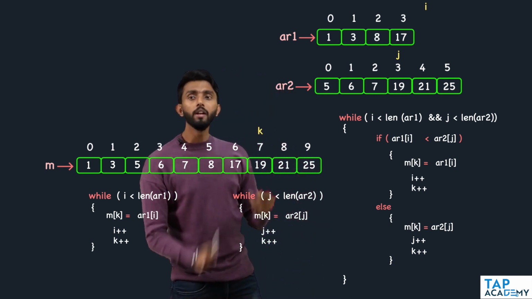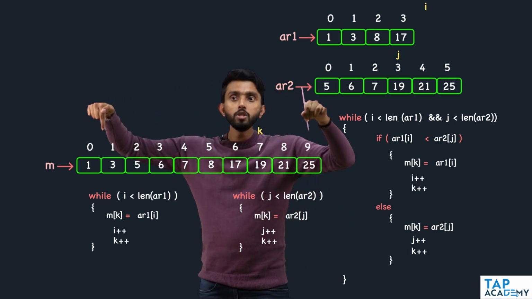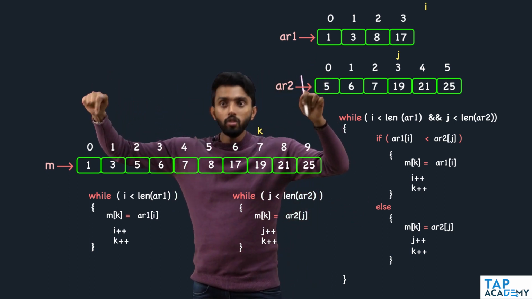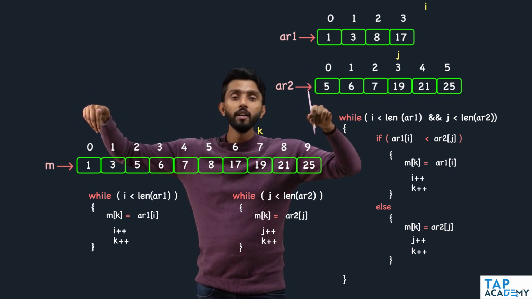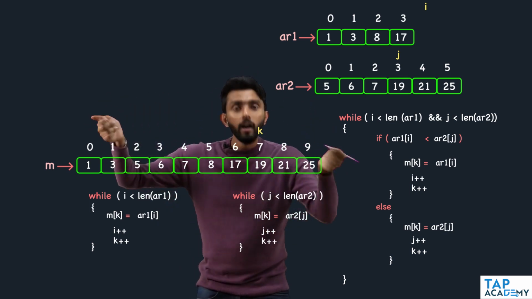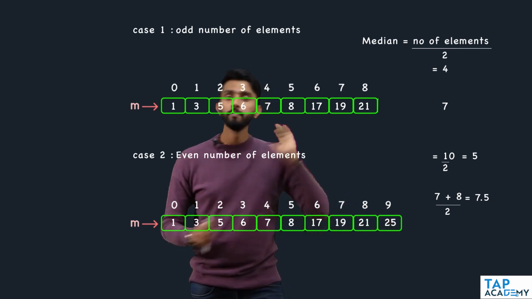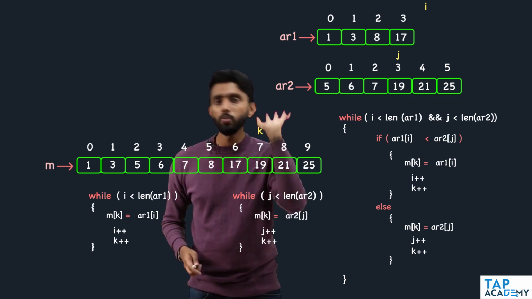To find the median, all you have to do is check what is the length of this merged array. If the length of this merged array happens to be even, then apply even formula. If it is odd, apply odd formula, and that I already taught you here. Hope you are able to think. So the point is, how are you going to merge them? After that, median is just one line.